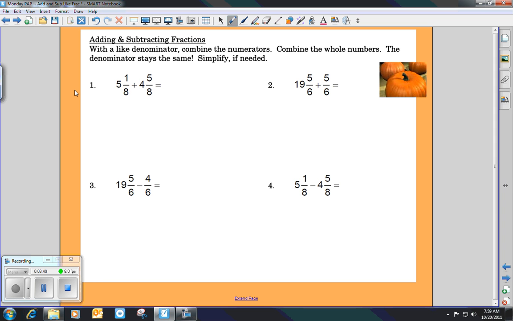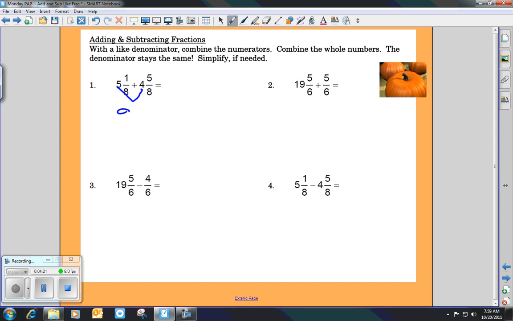Now let's talk about adding and subtracting fractions. Remember that you have to have a like denominator, common denominator, and then you combine the numerators, but the denominators stay the same. Now, when we have whole numbers, we can add our whole numbers together on addition, and then add the fractions after that. So for adding fractions, if I want to add these two fractions, I can add the 5 and the 4 together.